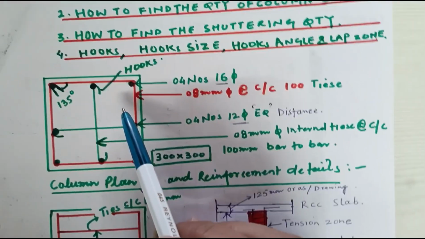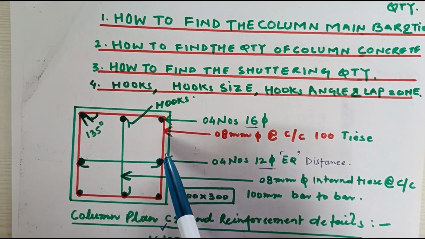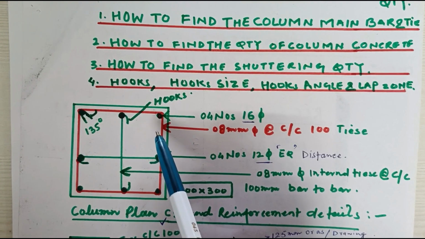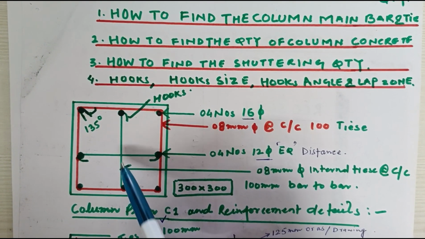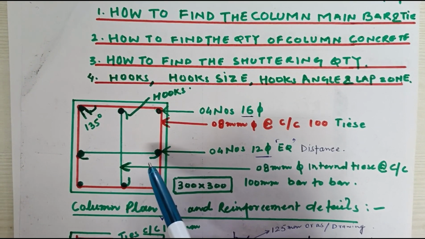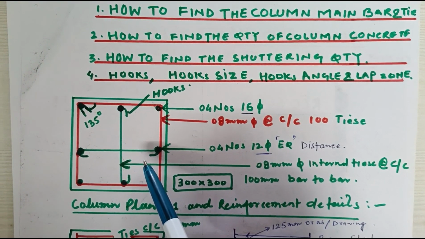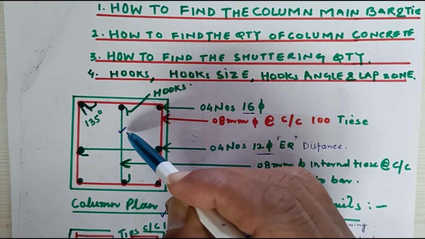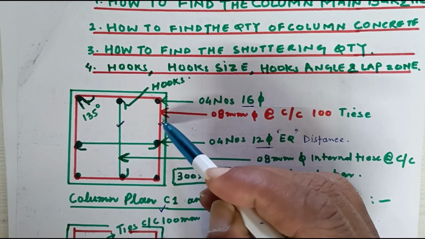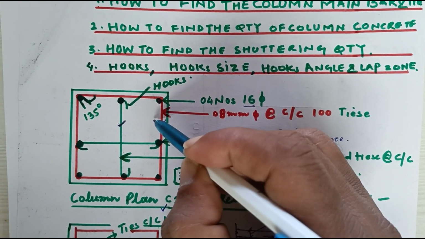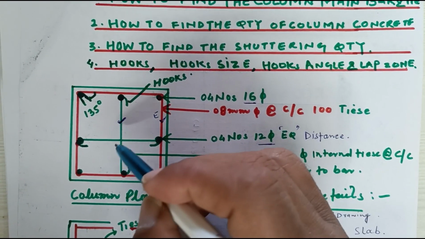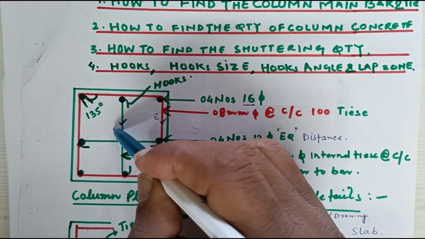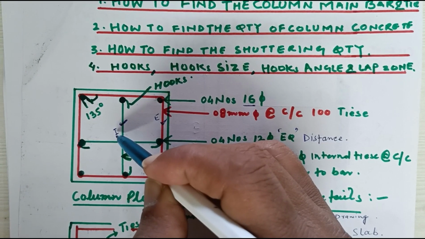And the main ties is 8 external ties, and the internal ties, bar to bar, is also 8. This is the internal tie, this is the external tie. Here you can mention E to understand easily, and here you can write I for internal.